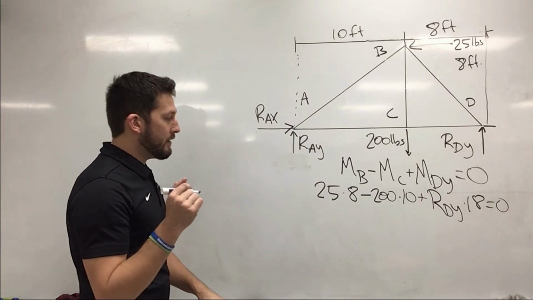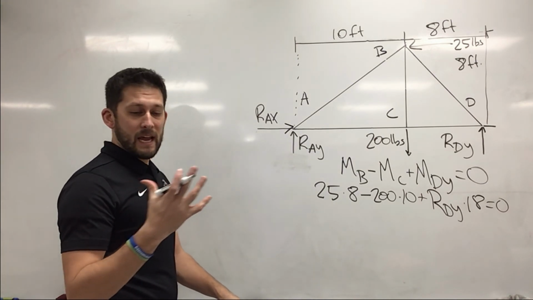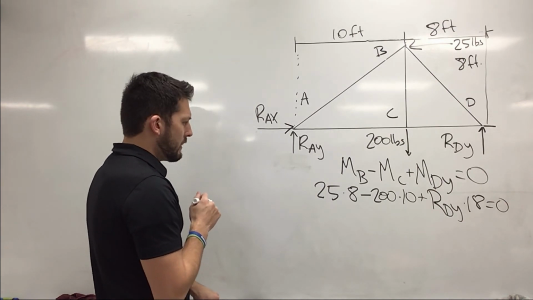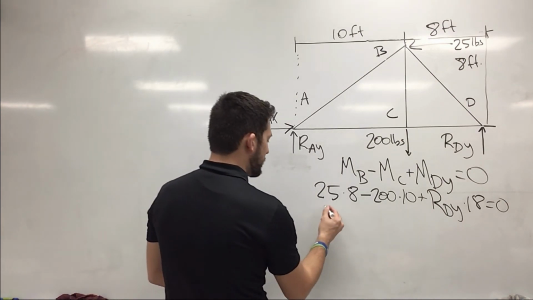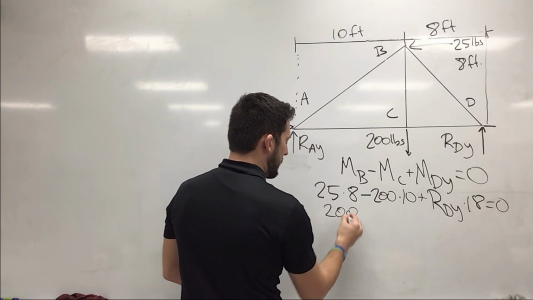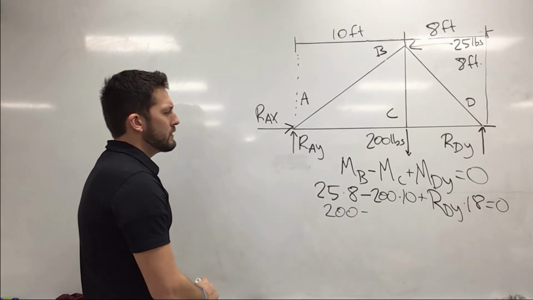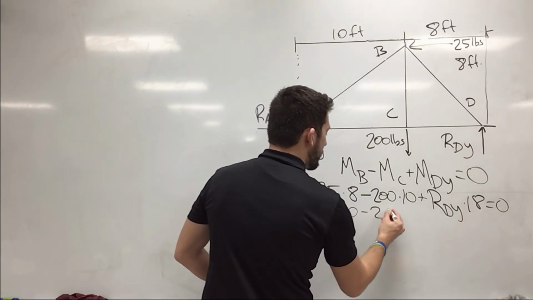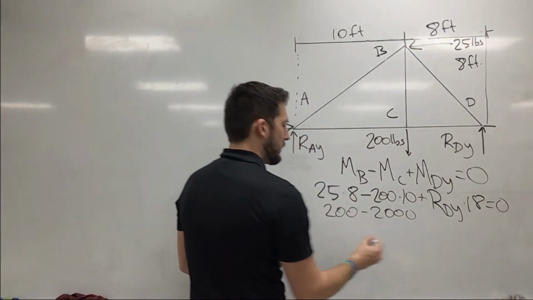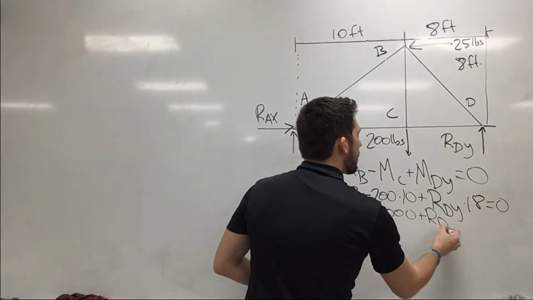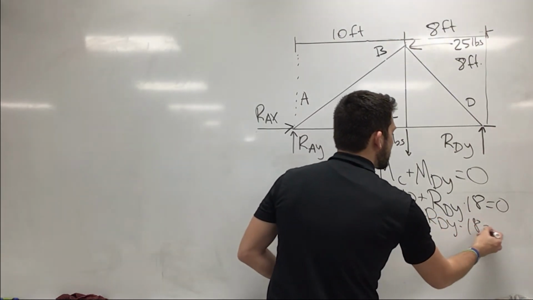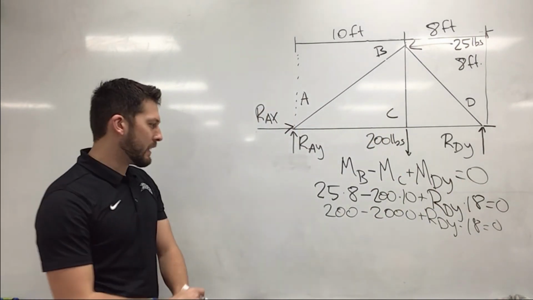So if we have 25 times 8, that is 200, minus 200 times 10, which is 2,000, plus RDY times 18.